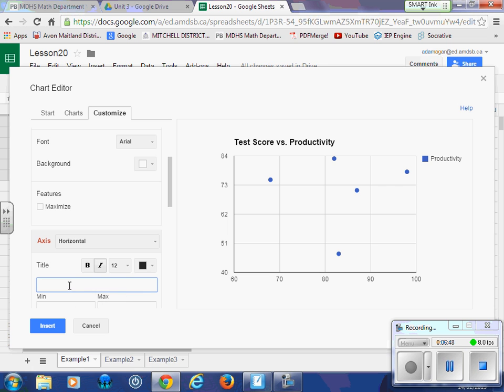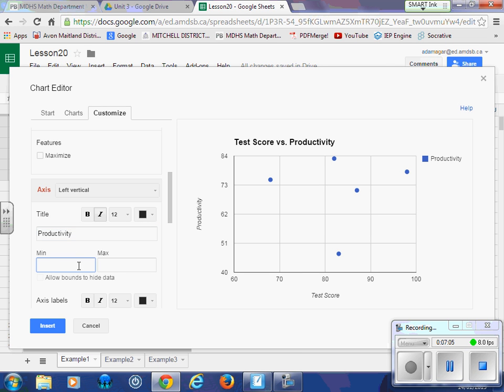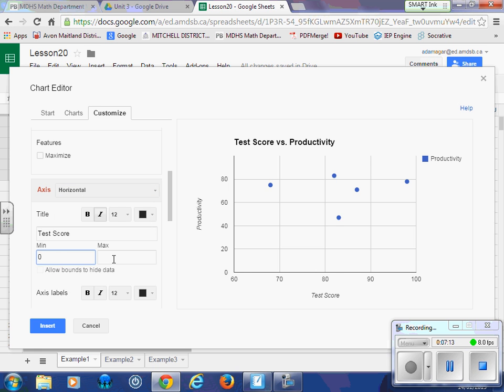On the horizontal, we have test score. Oops, and I realize the title's backwards. It should be the other way around. Productivity. And for the min and max, I am going to go 0 and we'll go 100. And the horizontal, same thing, 0 to 100.